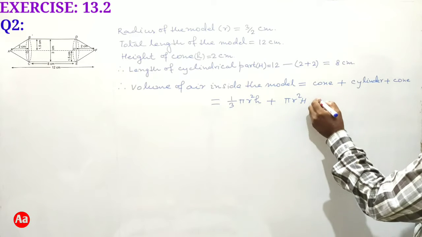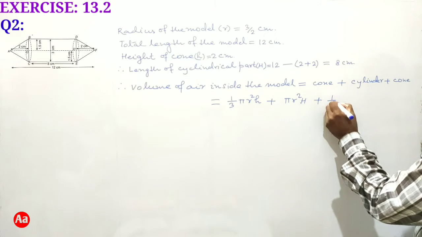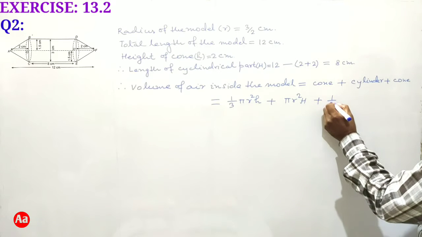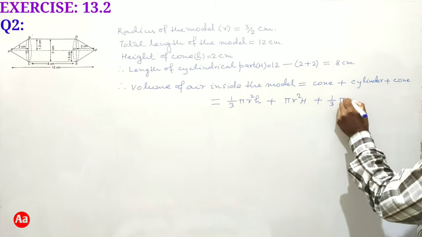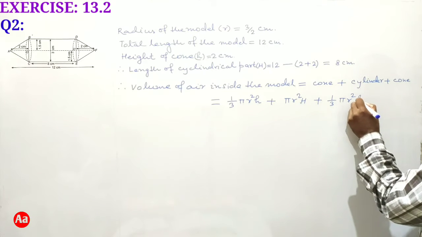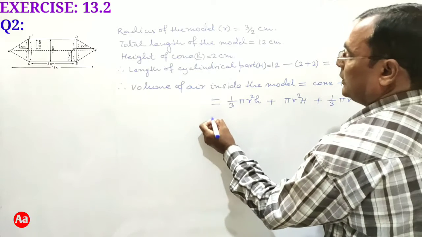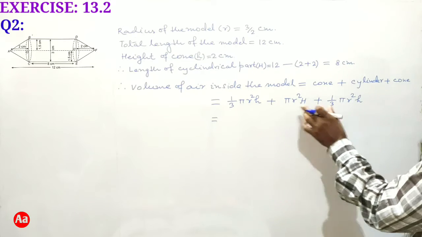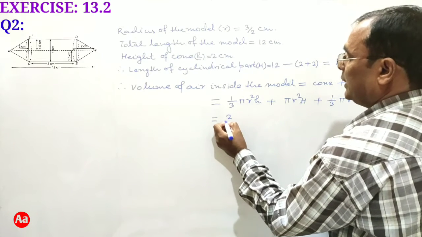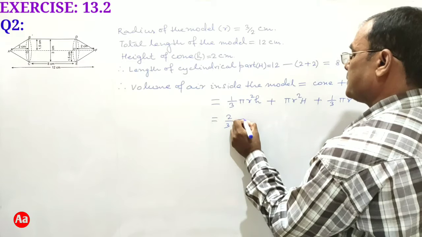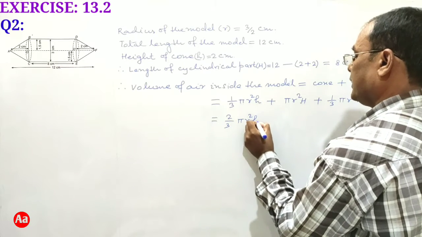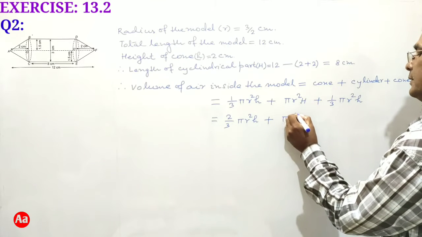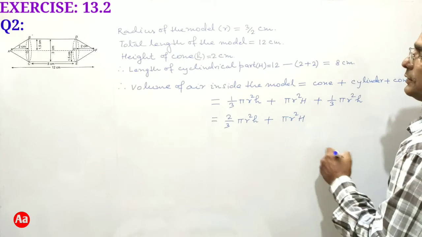Plus volume of the second conical end, 1 by 3 pi r square small h. So this 1 by 3 pi r square h and this 1 by 3 pi r square h, if you add up, we get 2 by 3 pi r square h plus this pi r square H.